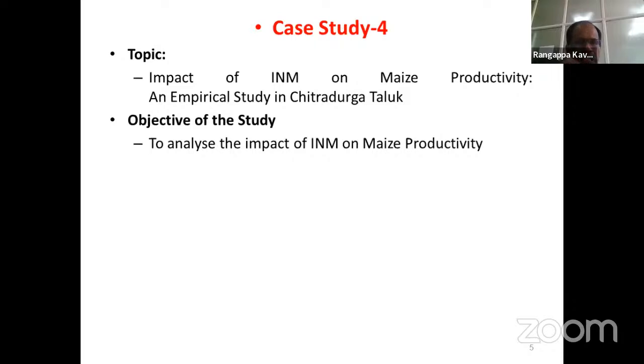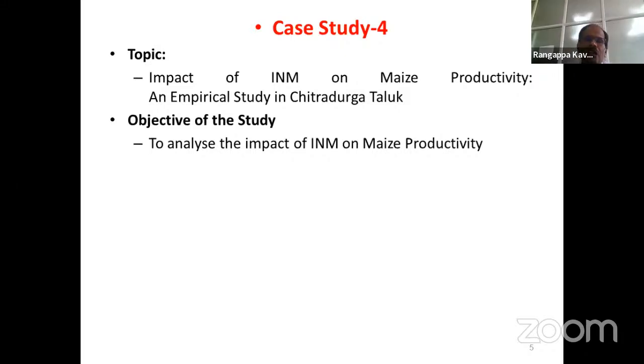Of course, I've taken very simplified things so that I can practically explain how you have to manage this. The topic is impact of INM on maize productivity, an empirical study in Chitradurga district.